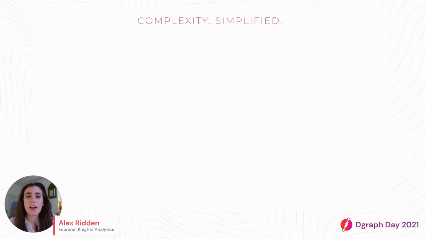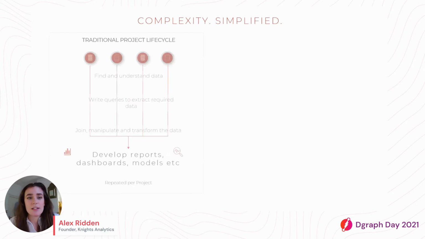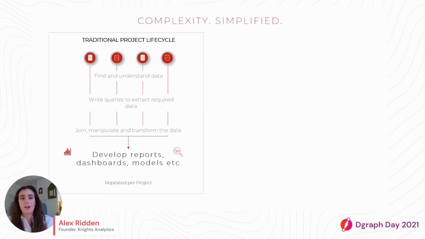So why is this useful for analytics? This first diagram, I think, outlines a common problem that a lot of data scientists and analysts face every day. So we're often starting by thinking about a business problem and then have to go and find the data that we think can help solve it.